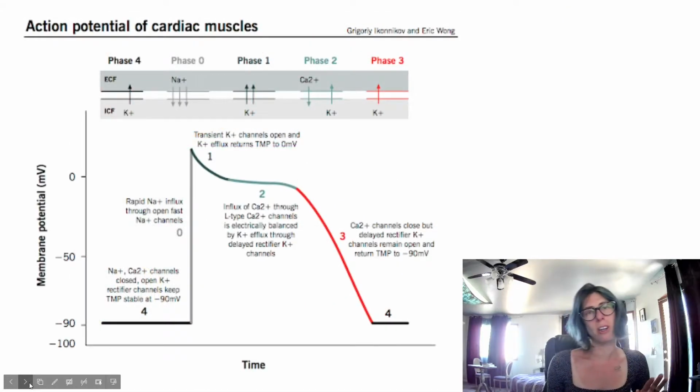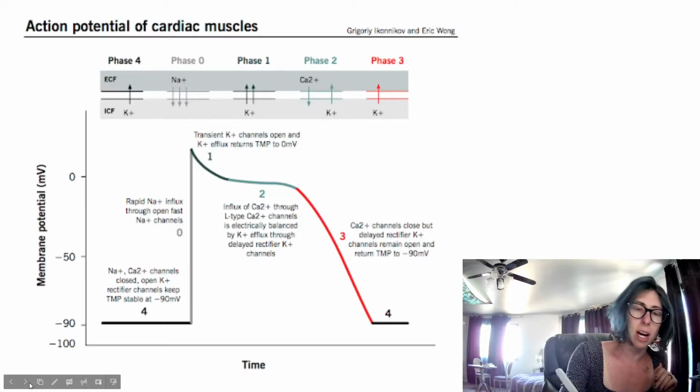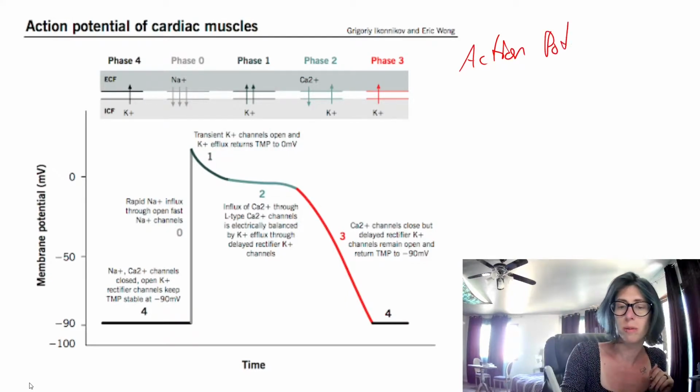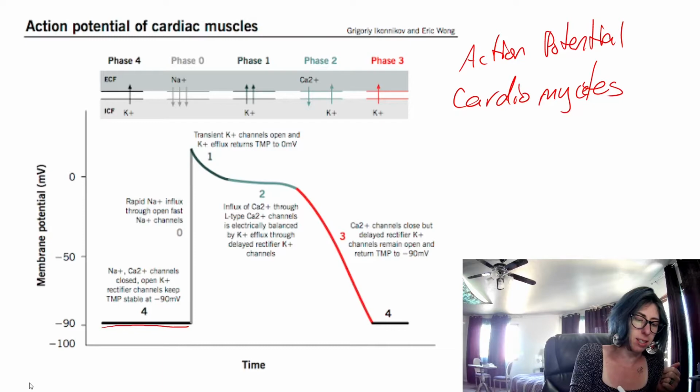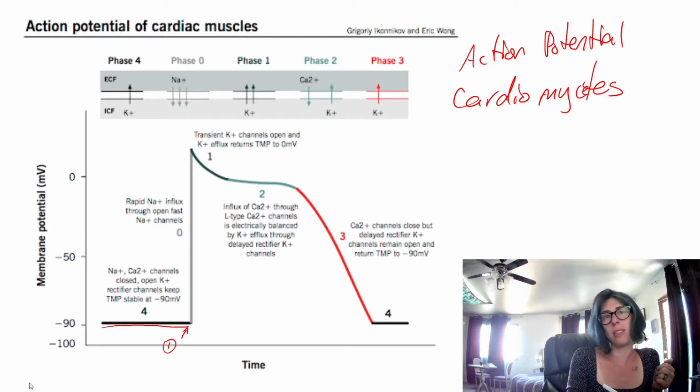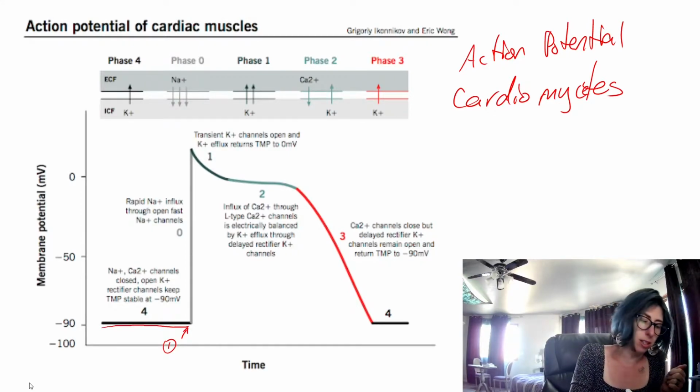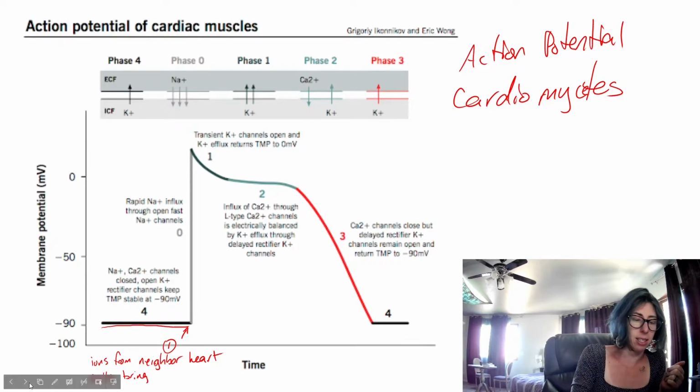So here's what the action potential of a cardiomyocyte looks like. The starting point is here, we'll say. Ions from neighboring heart cells bring the cell to threshold.